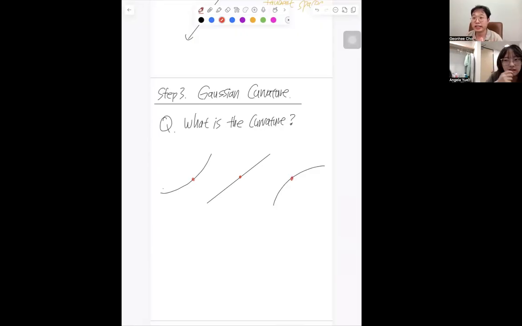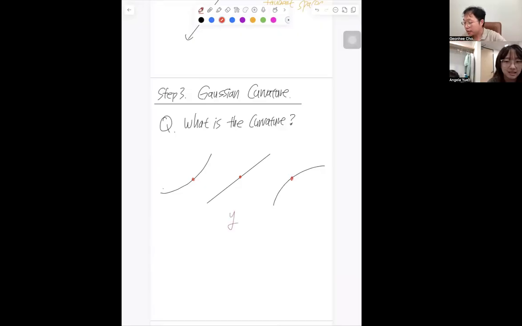From the calculus point of view, one-variable calculus, surely you did lots of computation before. How do you distinguish those three different curves mathematically? Is it the second derivative? Yes, that's the answer. Very good.